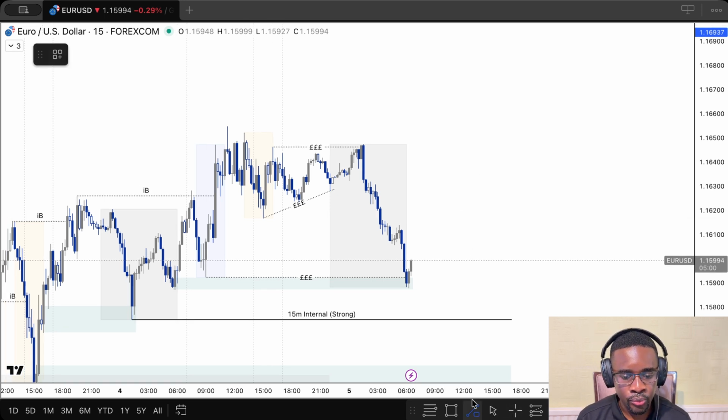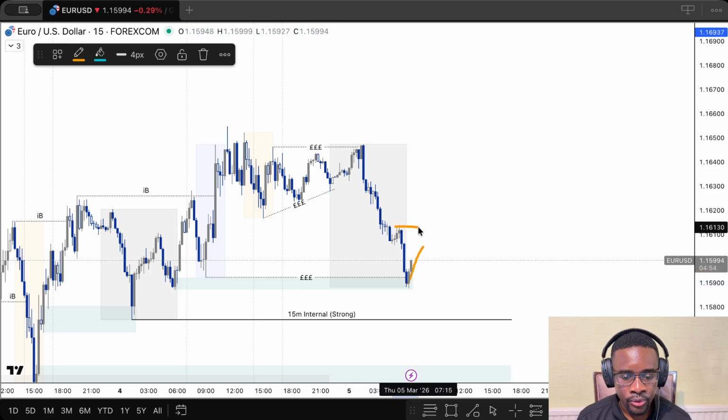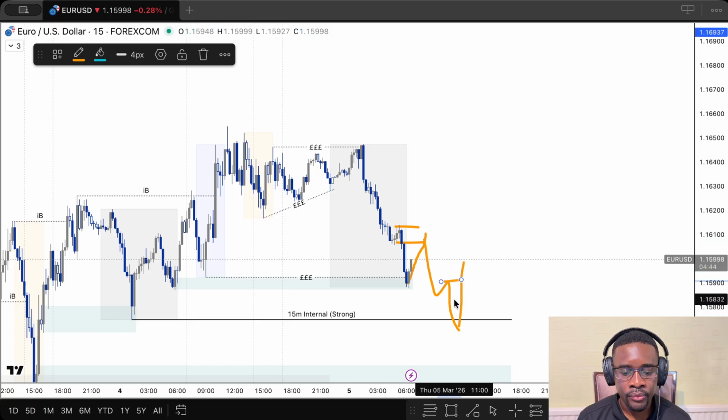So the expectation would be if price maybe comes up, reacts from this, then makes a low, and then possibly takes out this low, and then we have a reaction, a bullish break of structure.